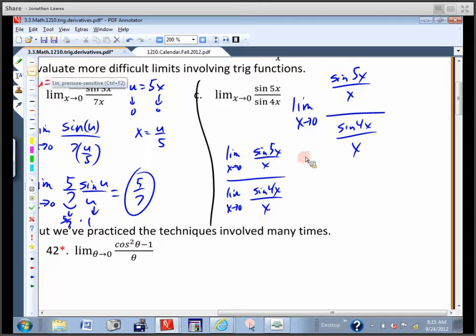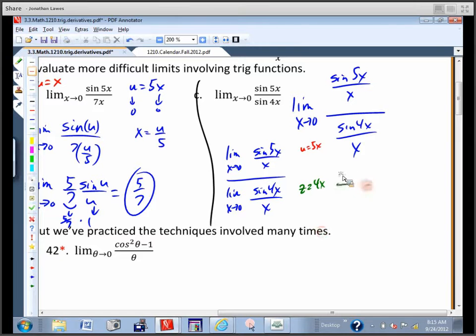We could say u is equal to 5x and do that same change of variables process here. On this one I could say, well, I already used u. Let's say z is equal to 4x and change all of these variables in terms of z. Or a lot of people just use a u on the top and a u on the bottom and then make sure they keep it straight. That isn't the cleanest way to do it, but the net effect would be the same.